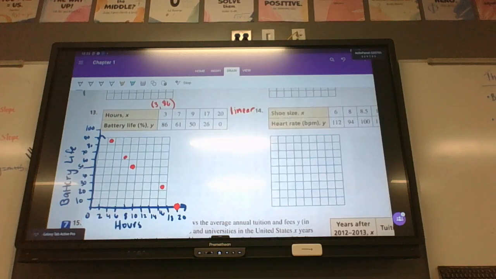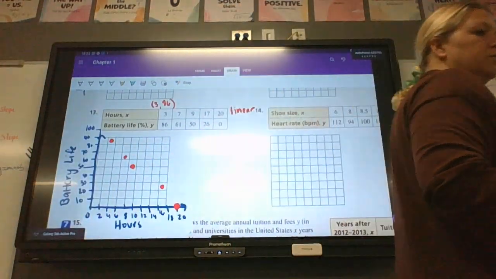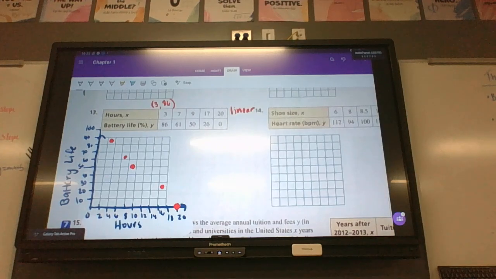I'm going to come around and see how many people already have a line drawn and are ready for their slope formula. What I don't want to do is get ahead of you and then you just copy me. I just want to be available. You kind of try it and ask a question. Your lines look good.